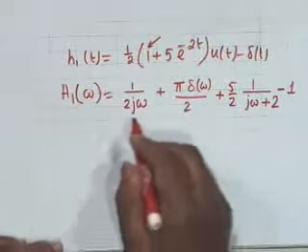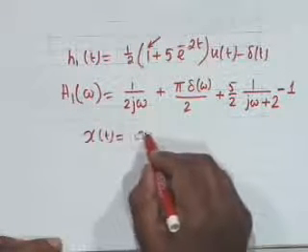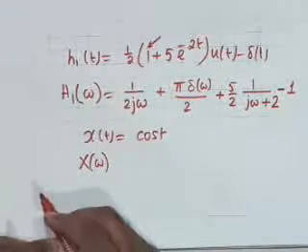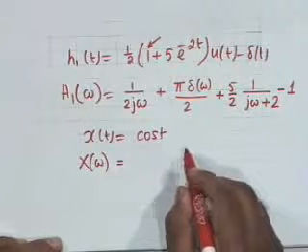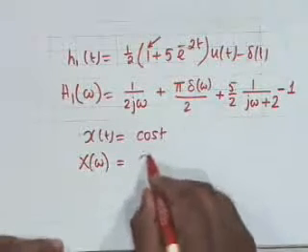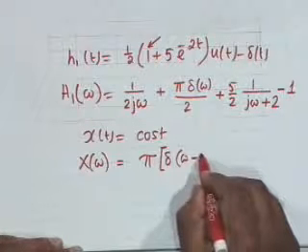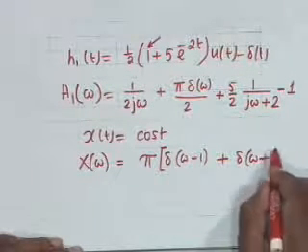And therefore also you notice that the input x(t) is cosine t, therefore capital X(omega), the Fourier transform of cosine t, is simply, yes, half times 2 pi, which means pi times delta(omega minus 1) plus delta(omega plus 1).